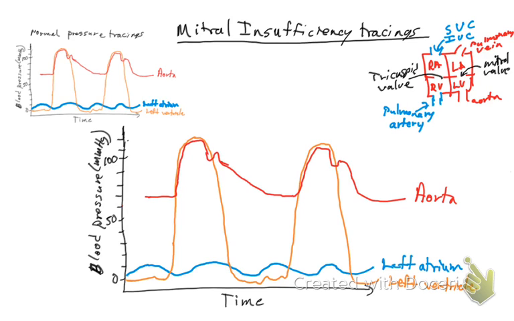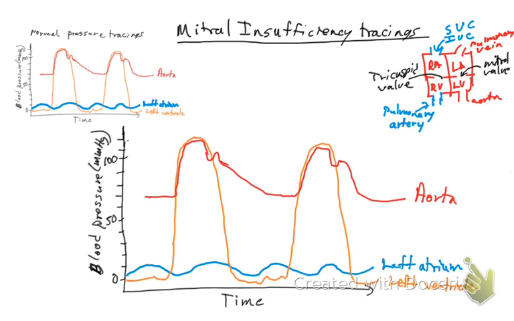Got it? Now, if the patient has a mitral valve insufficiency, that means that your valve, which is between your left atrium and your left ventricle, is going to be affected.